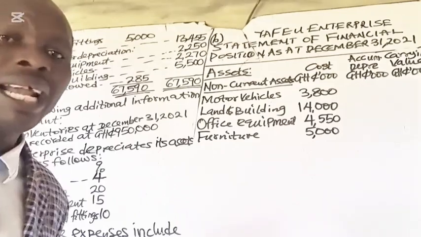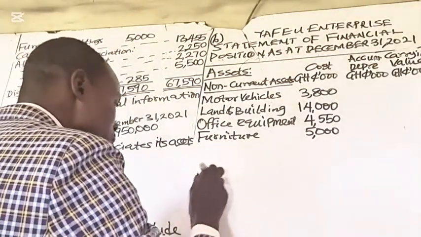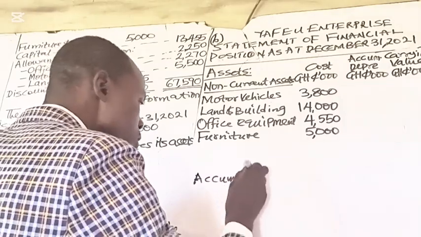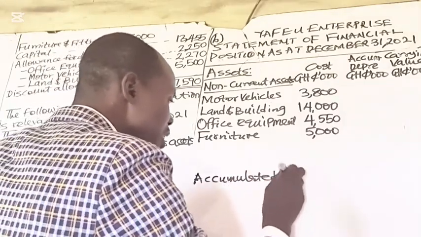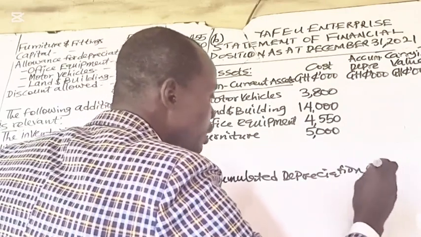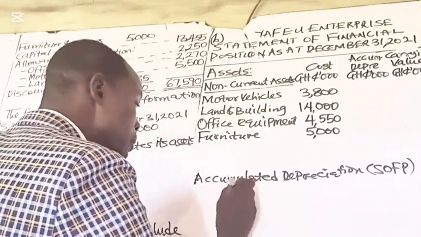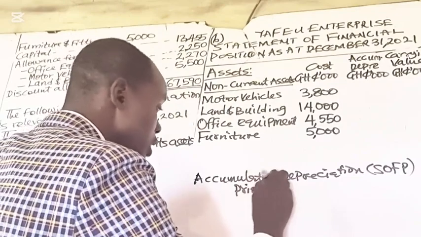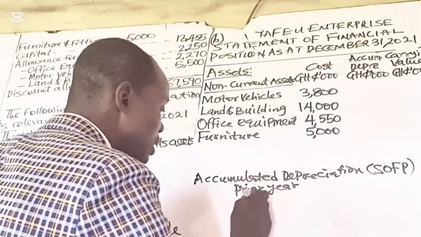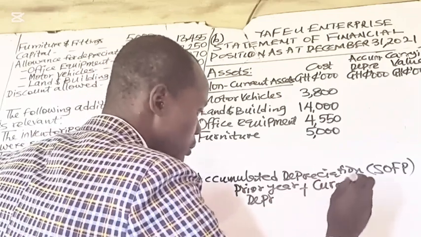To get the accumulated depreciation that will be in the statement of financial position, two things have to be added: prior year depreciation plus the current year depreciation.